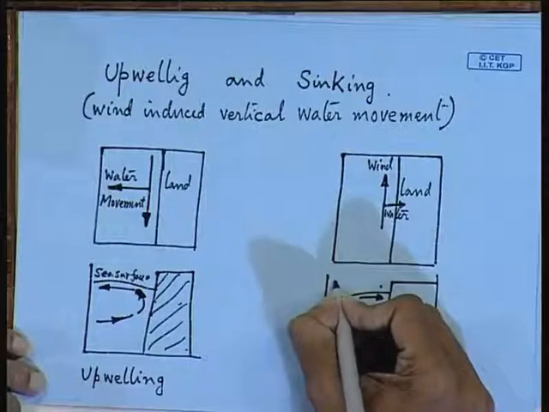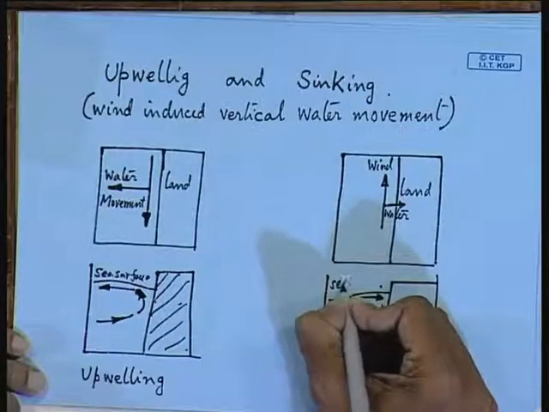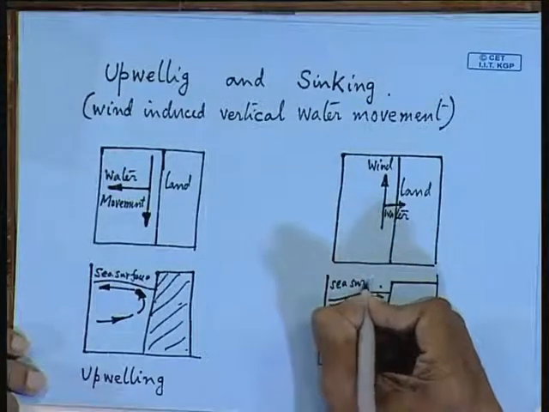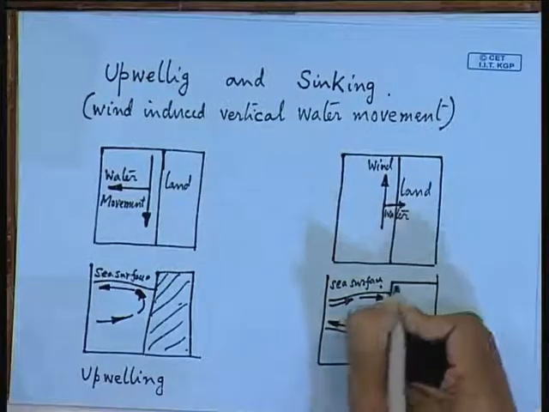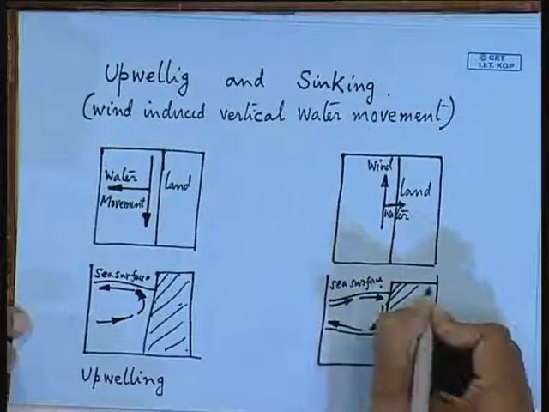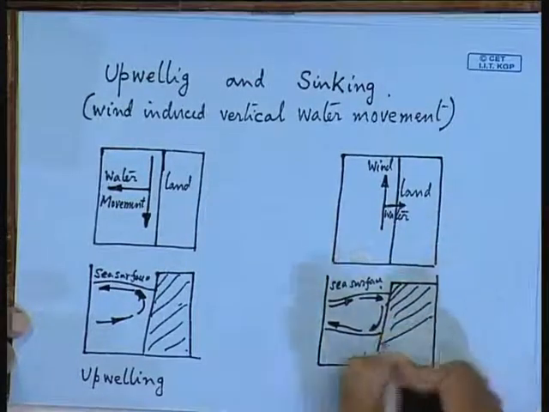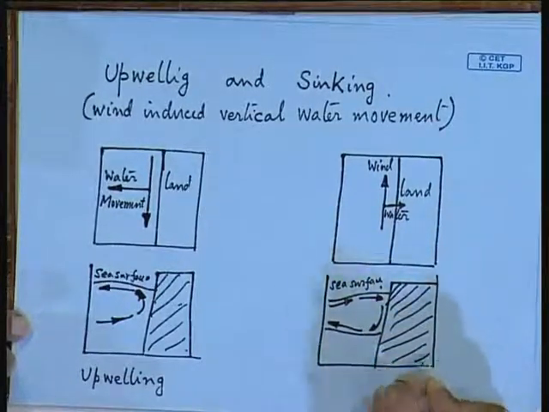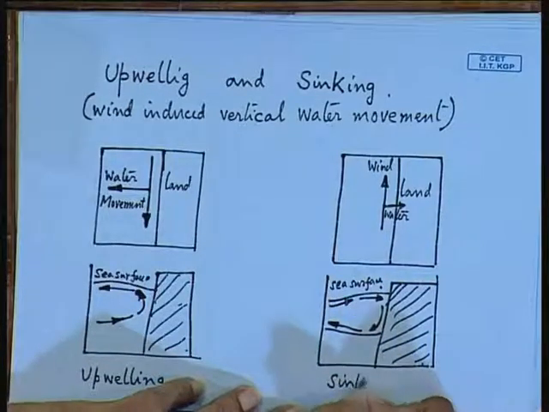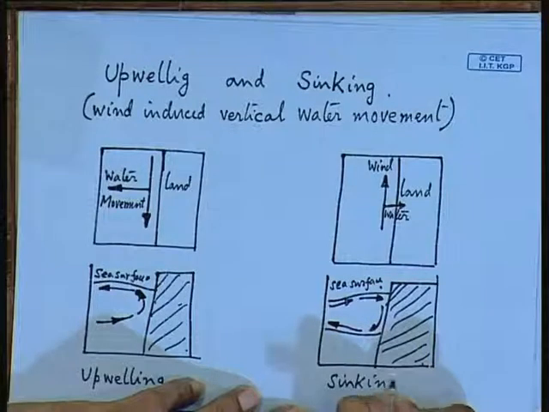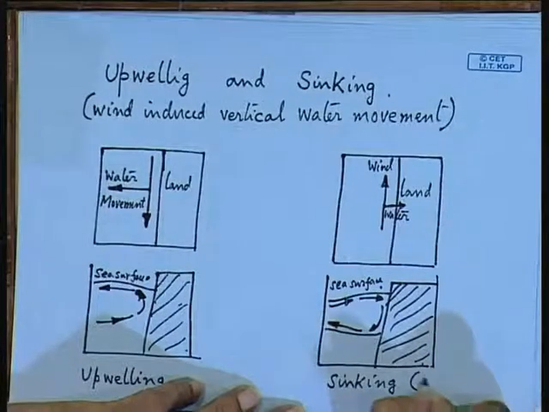So this is your sea surface. So it is behaving in the opposite direction. So this is called sinking, or sometimes in some books you will find this is called downwelling.